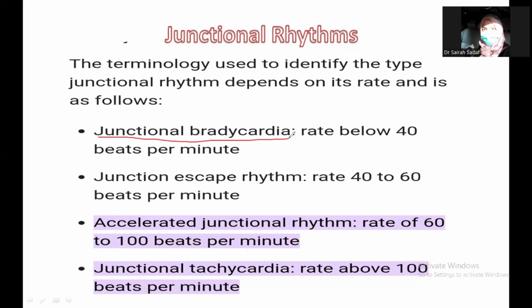Junctional escape rhythm has a rate between 40 and 60 beats per minute. Accelerated junctional rhythm is when the rate is between 60 and 100, and you call it junctional tachycardia when the rate is above 100 beats per minute. And at this point, that is the very difficult point.